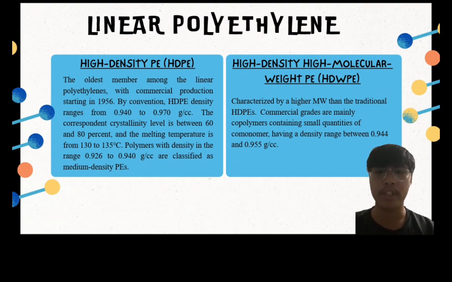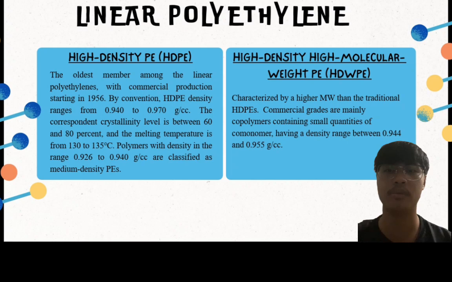The corresponding crystallinity level is between 60 and 80%, and the melting temperature is from 130 to 135 Celsius. Polymers with density in the range 0.926 to 0.940 gram per cc are classified as medium density PEs.